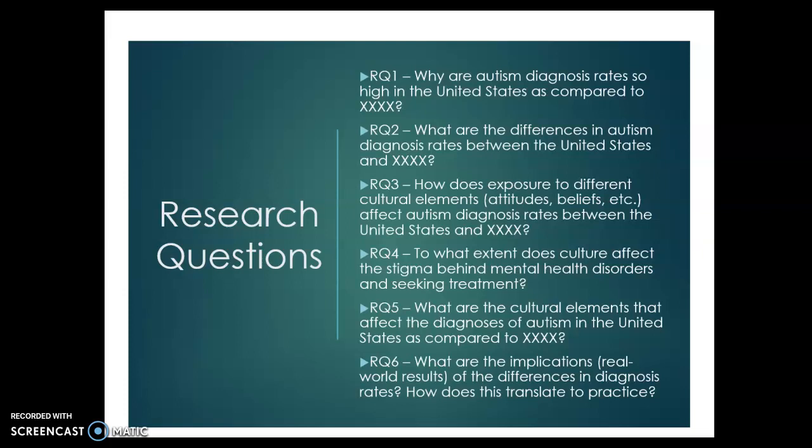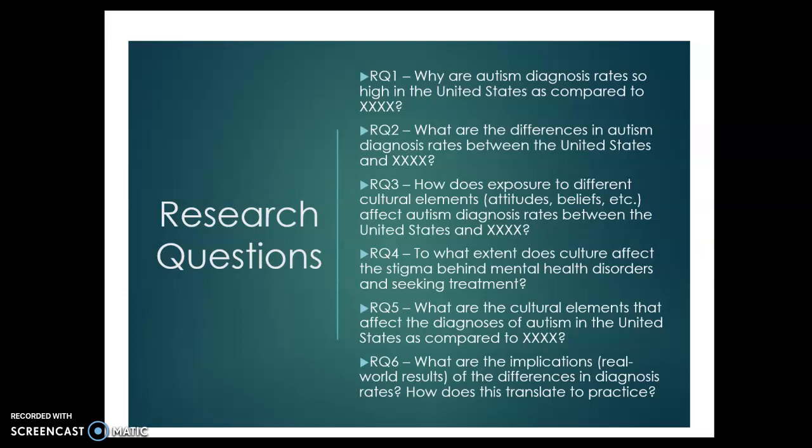Research question 4: to what extent does culture affect the stigma behind mental health disorders and seeking treatment? And research question 5: what are the cultural elements that affect the diagnoses of autism in the United States as compared to blank? What are the implications or real-world results of the differences in diagnosis rates, and how does this translate to practice?